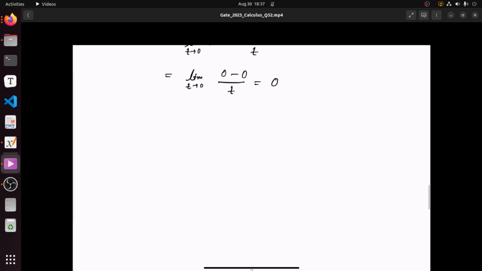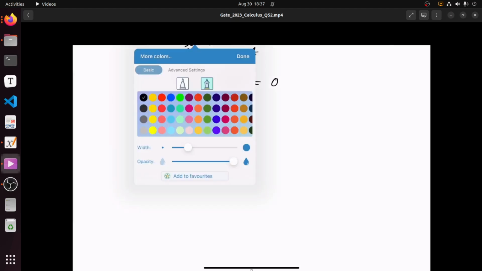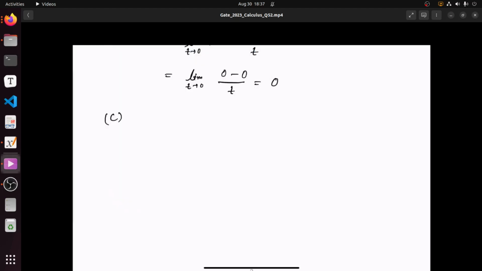So let's check. Option C, we have to find D in the direction (1, 0) of f at the point 0, 0. By definition, this is limit t tends to 0 of f of (0, 0) plus t of (1, 0) minus f of (0, 0) by t.